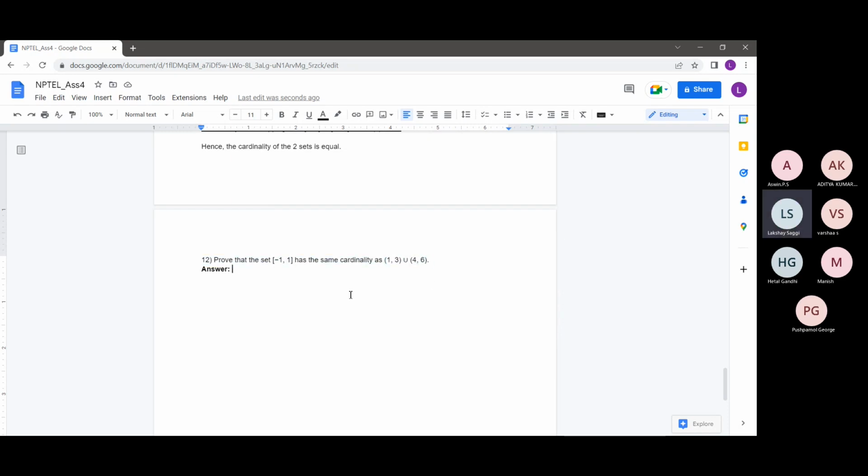So now we need to show basically a mapping. For proving this, we need to show another injective mapping from this -1 to 1 to, let's name these sets first of all.